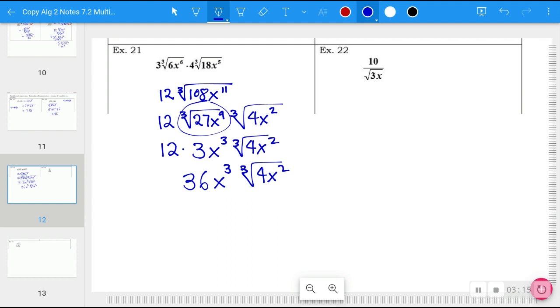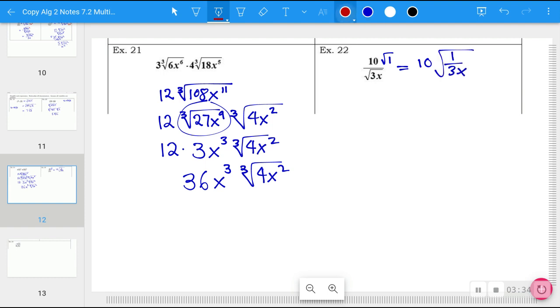Okay, the last one here, we have the situation where there's just a whole number on top and not a square root. We fix that by multiplying it by square root of 1, which, by the way, is just multiplying by 1. But now you can see that the 10 stays out there, and you can go 1 over 3x here.